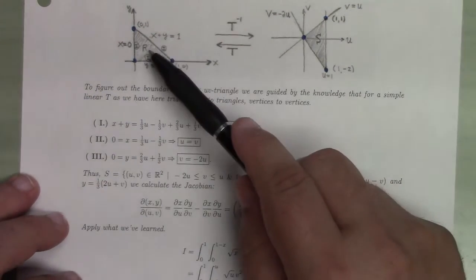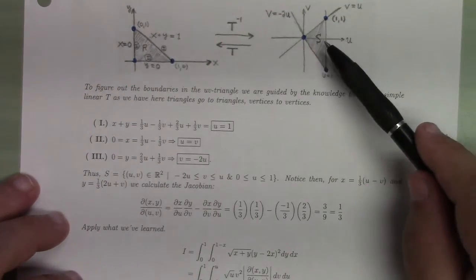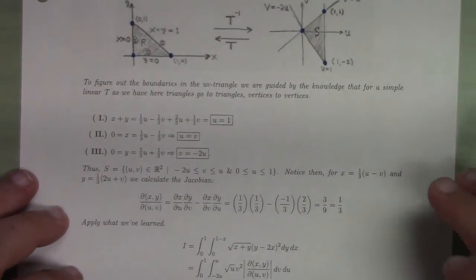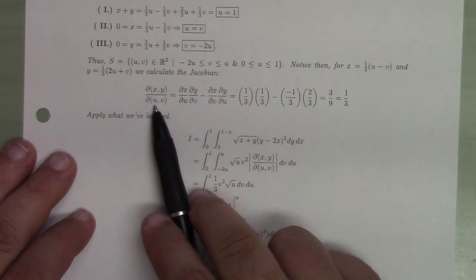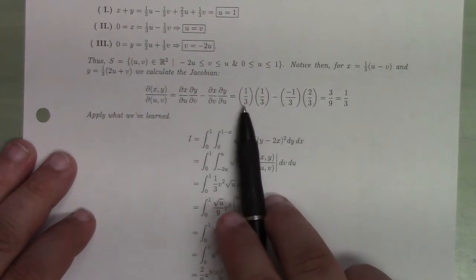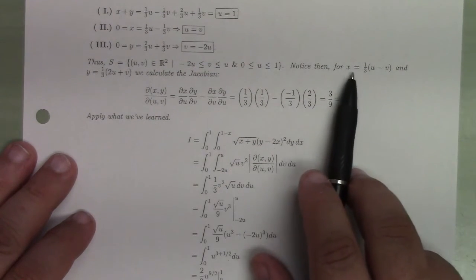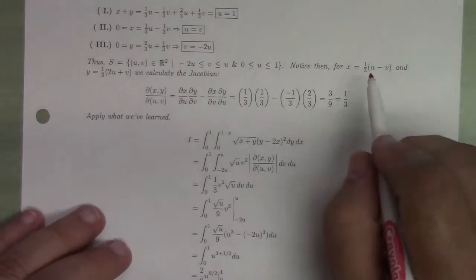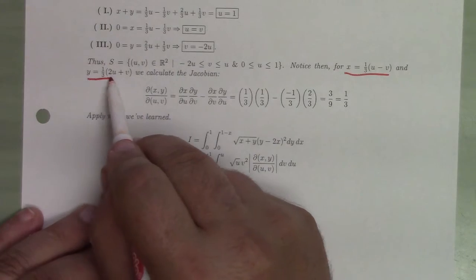Anyway, so we get this transformed region. So we can trade this integral over that triangle for an integral over this triangle. But to be fair, we also have to change the measure, so you have to calculate the Jacobian. So we do that here. Take partial derivatives of this formula here and that formula there.